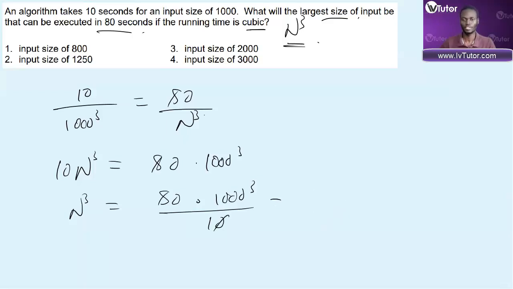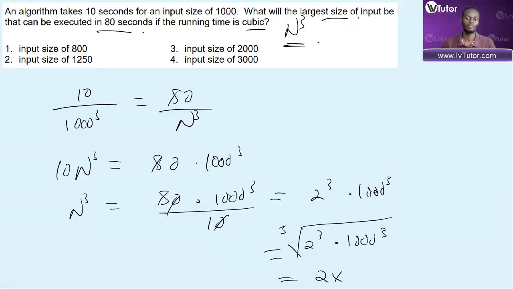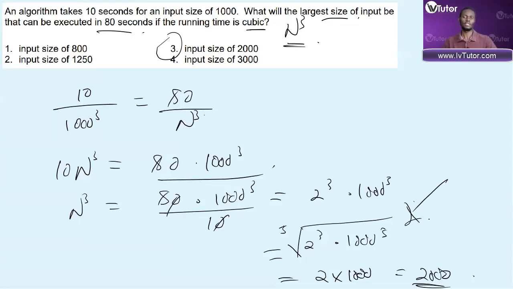If I continue, this cancels that, which is equivalent to 2 cubed multiplied by 1,000 cubed. Therefore, my n is equal to the cube root of 2 cubed multiplied by 1,000 cubed. So if you apply the cube root there, you end up with 2 multiplied by 1,000, and you end up with 2,000. Therefore, your answer there becomes 3. But again, remember, feel free to use your calculator if you are scared of making mistakes doing these calculations. Otherwise, that's the second type of questions you get under the big O.